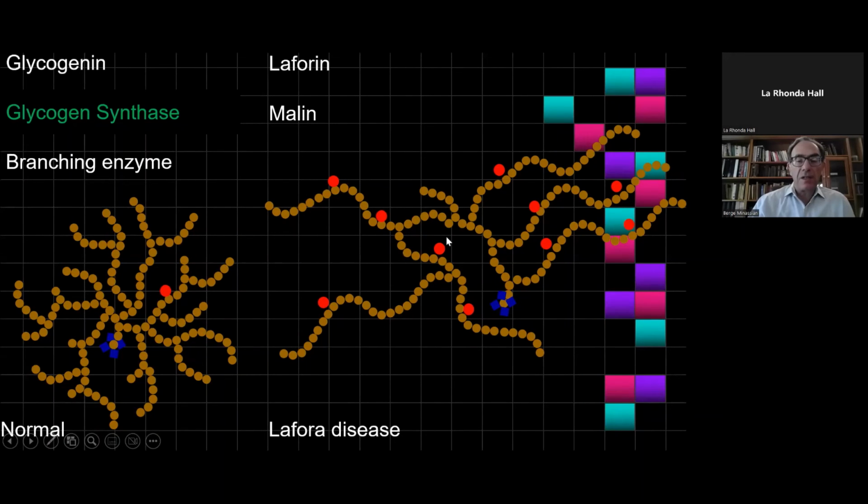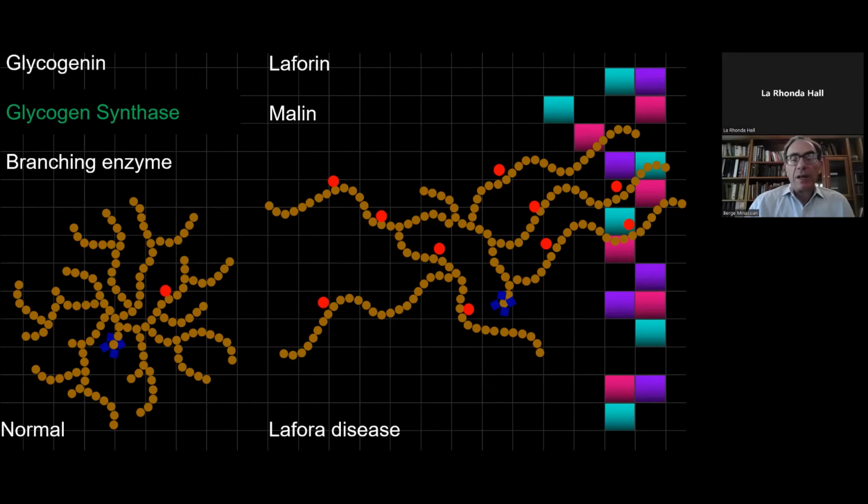And the difference, as you see, is that the chains of glucans are longer in the Lafora glycogen, and this makes them precipitate, accumulate into Lafora bodies that drive the disease. Glycogen is synthesized by the enzymes listed on the left side, and laforin and malin are two enzymes. They're the causative defects of Lafora disease.